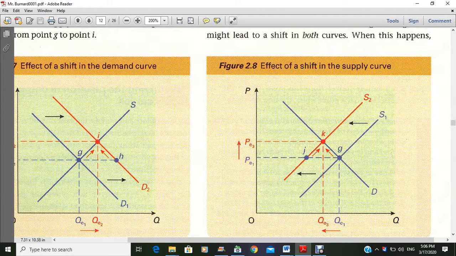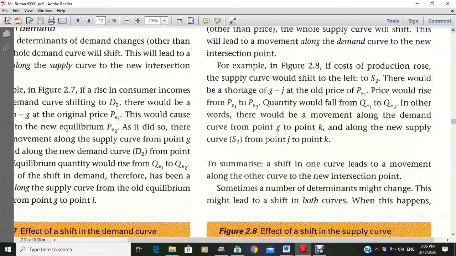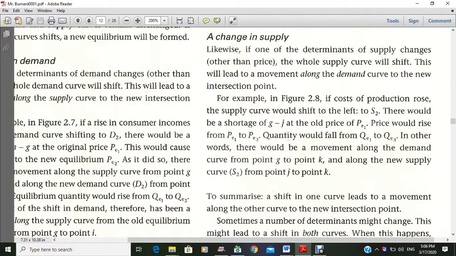And you see there is a movement from G to K, from S1 to S2. Alright. For example, in figure 2.8, if the cost of production rose, the supply curve would shift to the left, which is to S2.